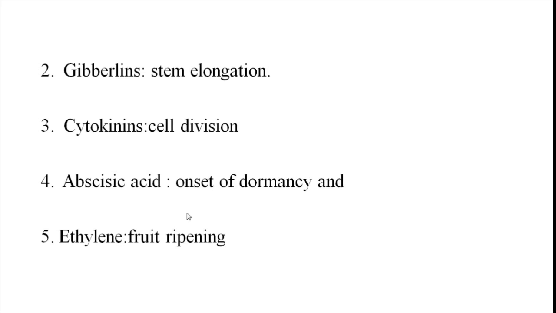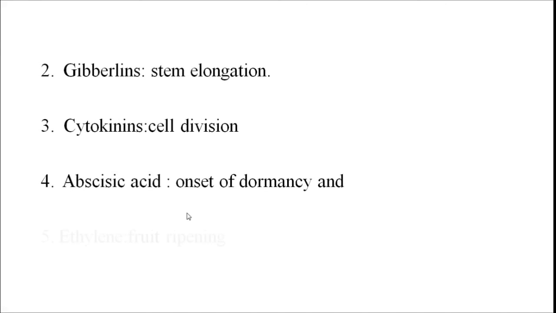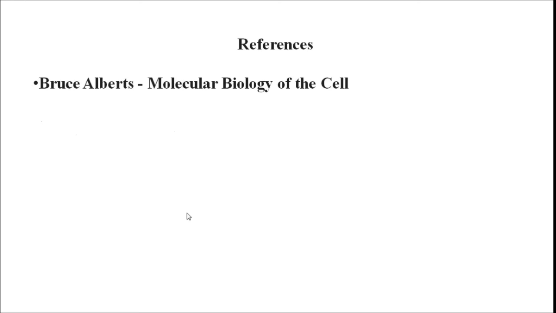So these are the examples of five classes of the plant hormones: auxin, gibberellin, cytokinin, abscisic acid, and ethylene. All these will regulate growth and development of the plant.